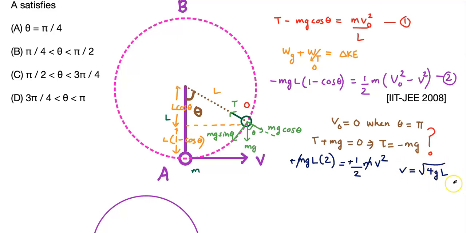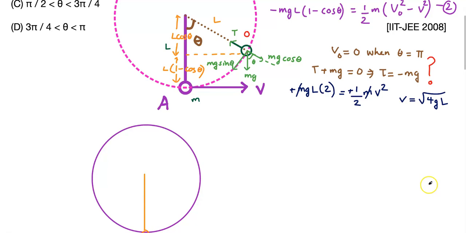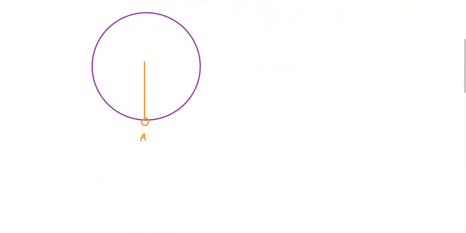Because this is reasonable, the units are correct, but why does the tension become negative when the bob goes all the way to the top? So I'm just going to use this as a test case and see what happens to the bob when it's given a speed of square root of 4gl at the bottom, right? Let's try to understand that just to get a deeper intuition for this problem. So we'll assume that the bob is released with an initial speed of square root of 4gl, and what exactly happens to the bob?